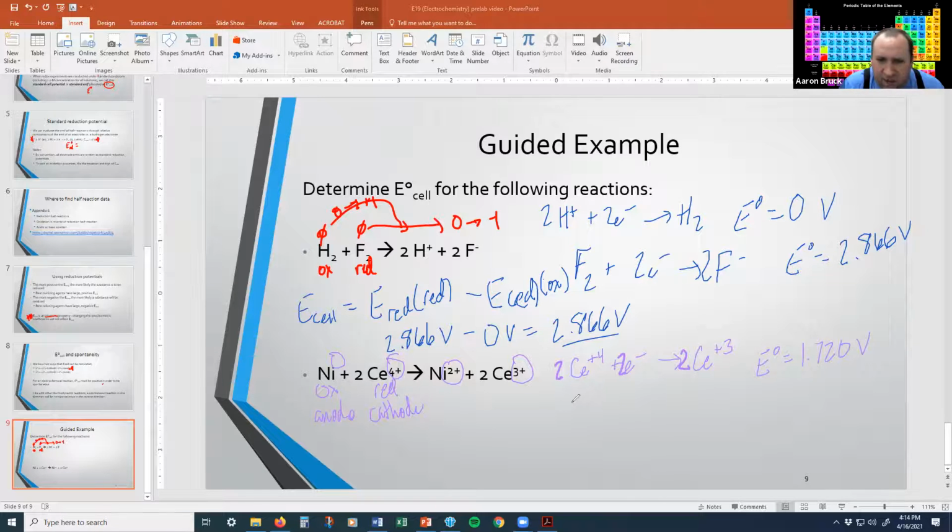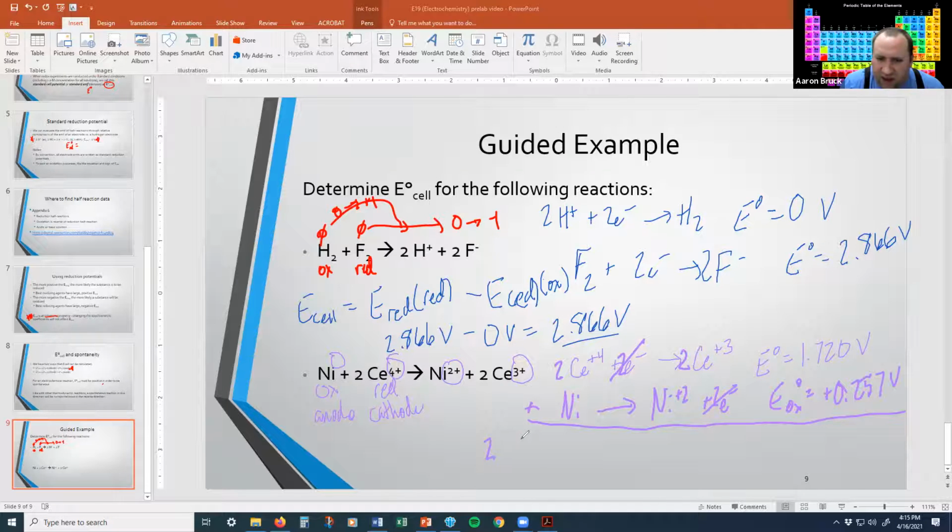But if I look at it from the standpoint of the nickel, nickel going to nickel +2 and 2 electrons, the oxidation potential for this would be +0.257 volts. And if I add those two equations together, kind of similar to Hess's law, my 2 electrons cancel out.